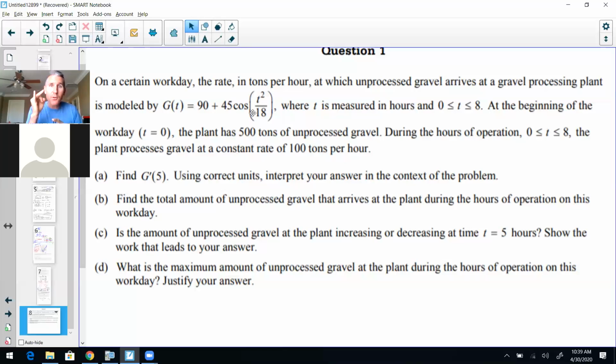In this case, it's the rate at which the gravel arrives at the processing plant.